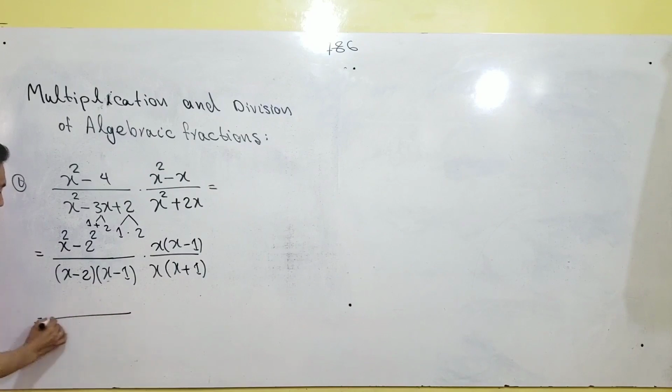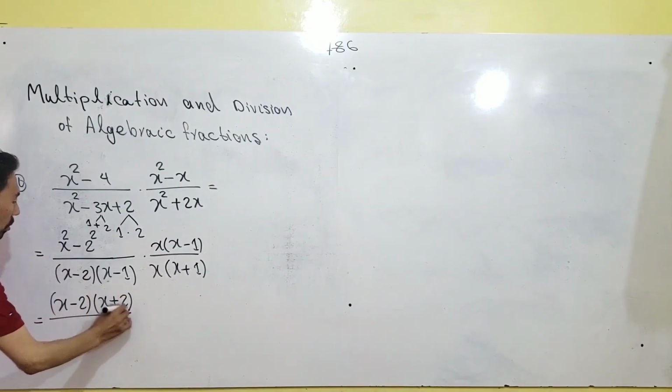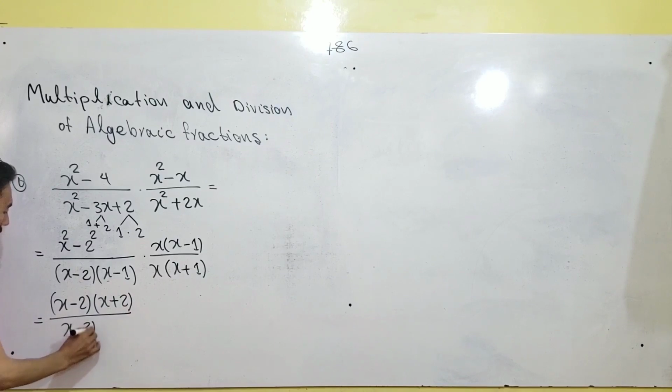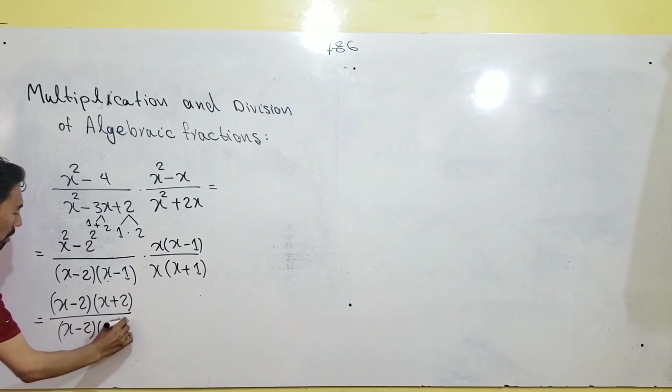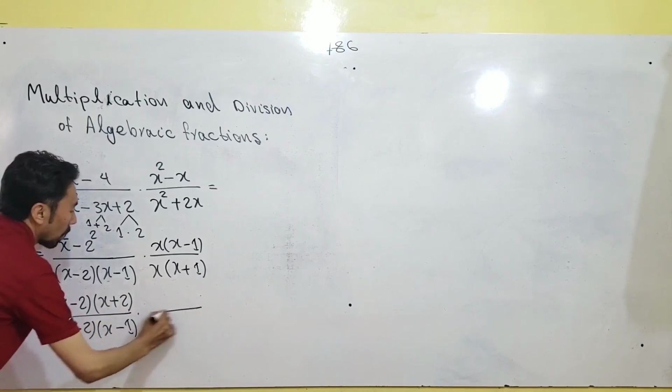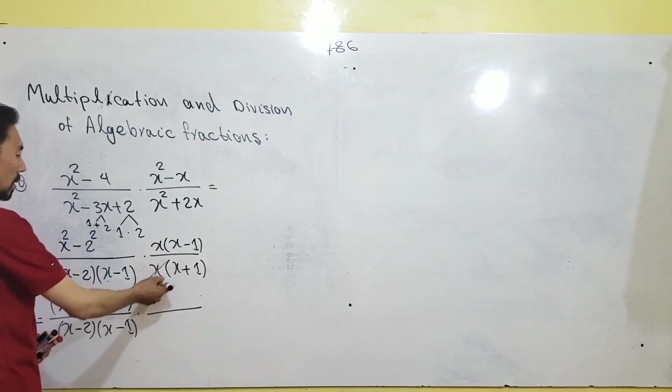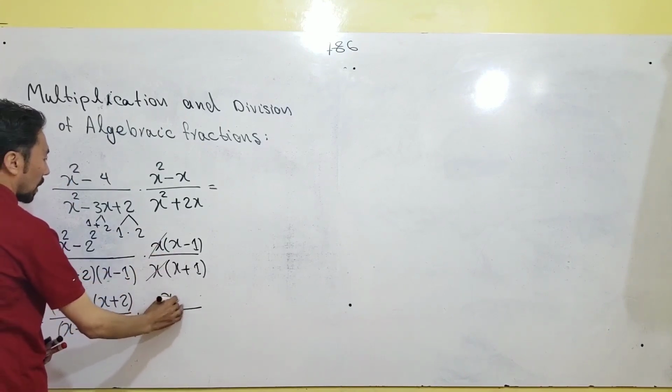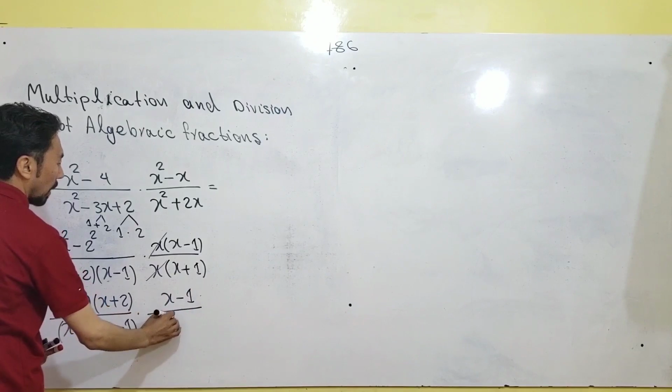Then we factorize x squared minus 4 as (x minus 2) multiplied by (x plus 2). Here we can write (x minus 2) multiplied by (x minus 1), multiplied by, we cancel x by x, here remains (x minus 1) over (x plus 1).